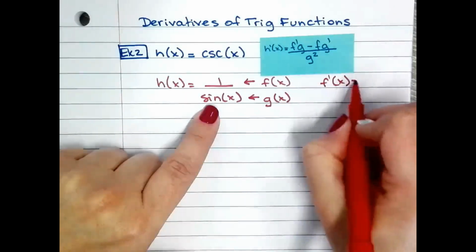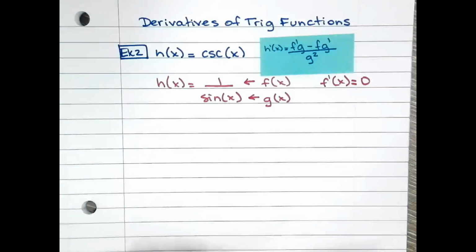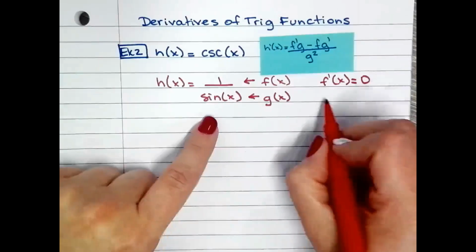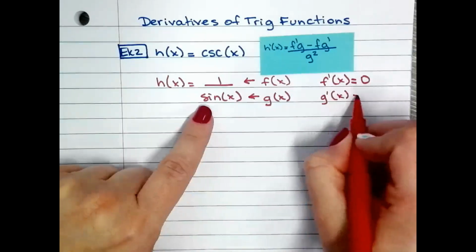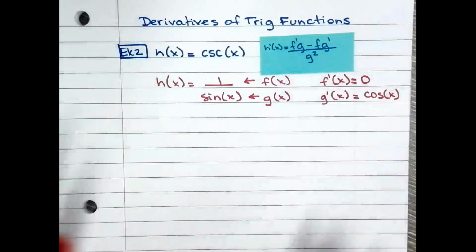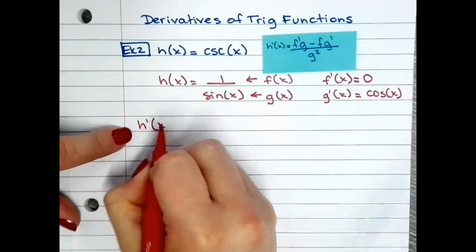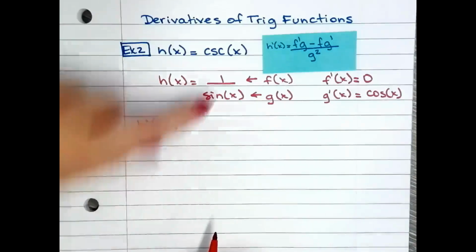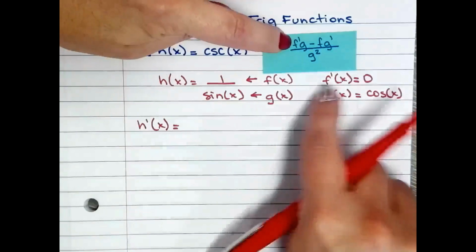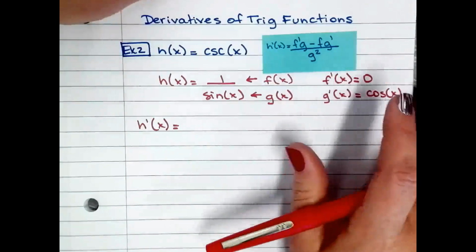So f prime, the derivative of 1, is 0, and the derivative of sine is just cosine. No negative, so that's good. Okay, so h prime of x: f prime is 0, so anything that I multiply by 0, I don't even have to write out.